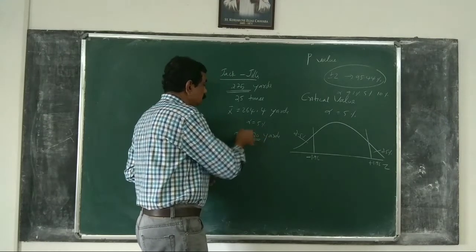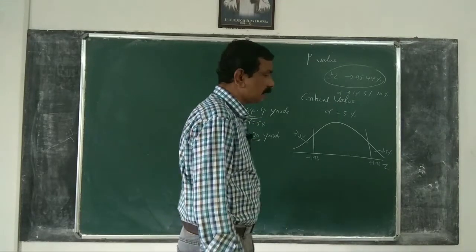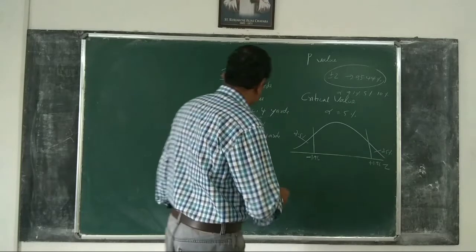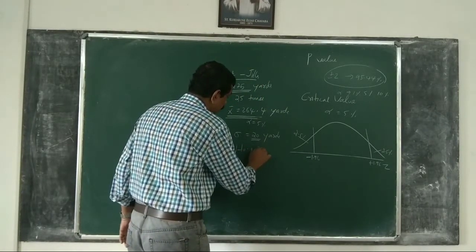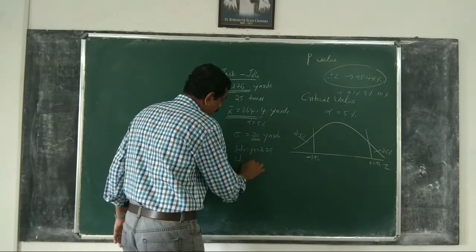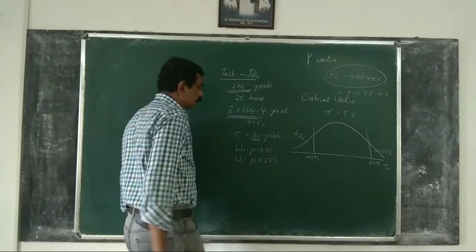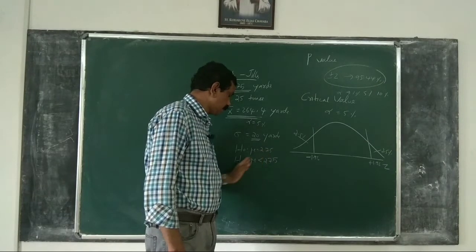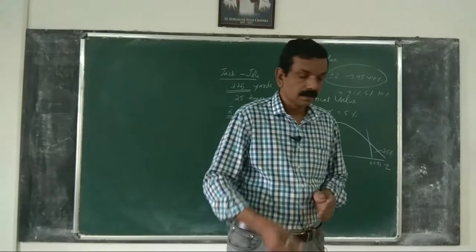Now, the null hypothesis is H0: mu equals 275 yards, and H1: mu is less than 275 yards.